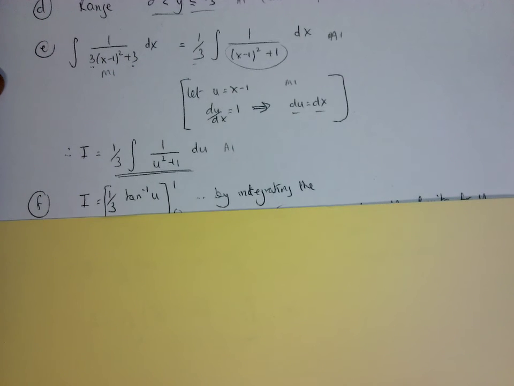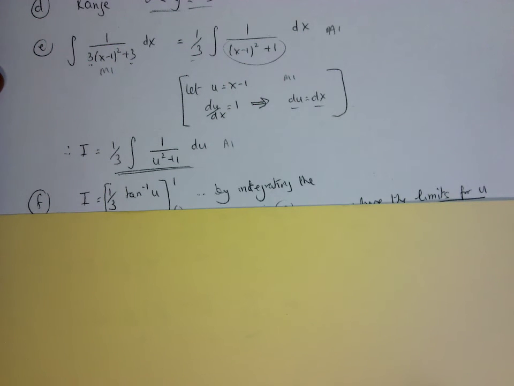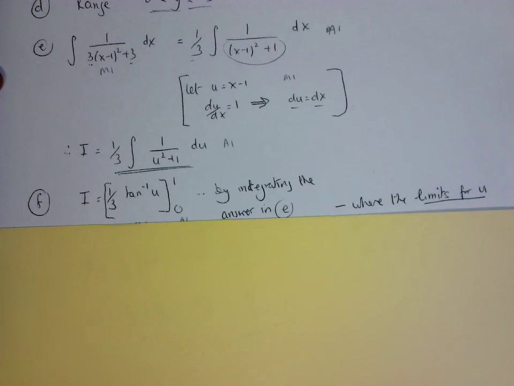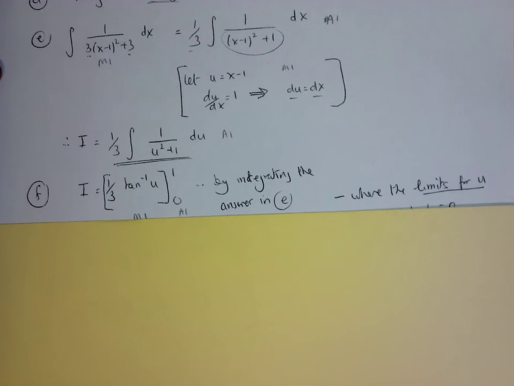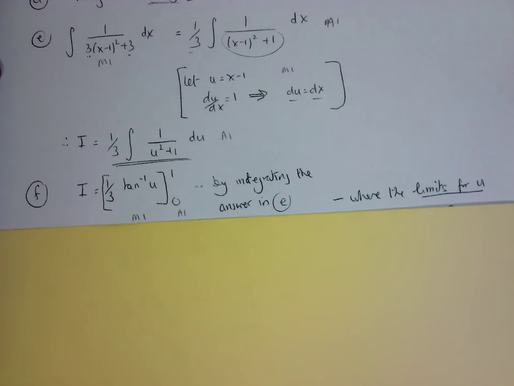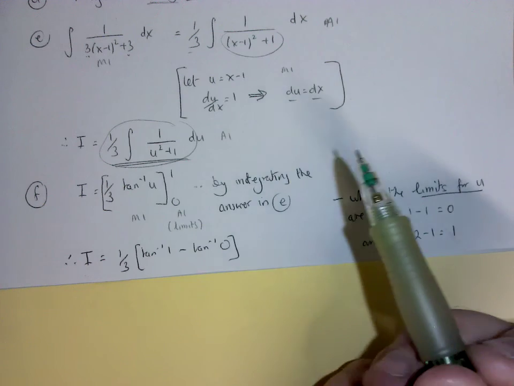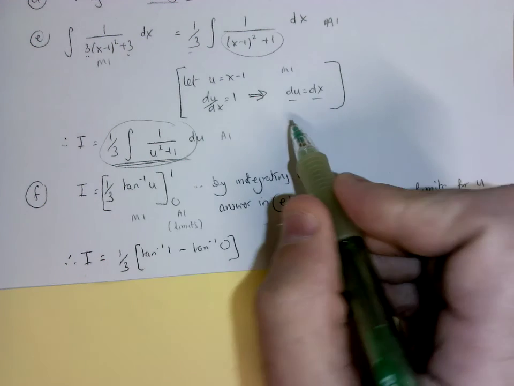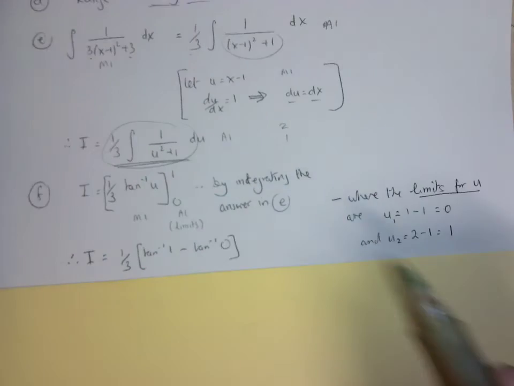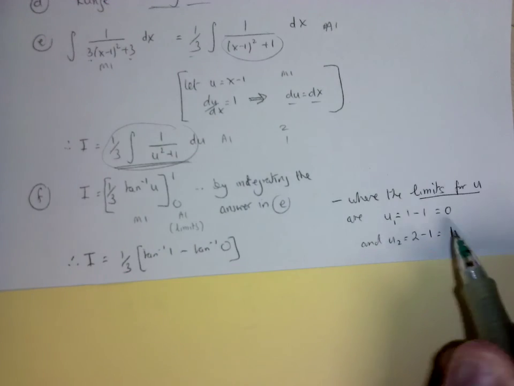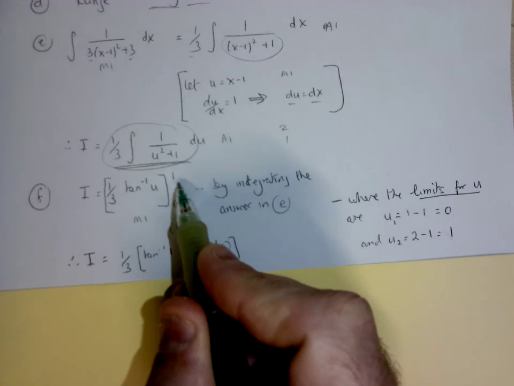And then part F, prove that the definite integral between 2 and 1 of that function is pi on 12. So I'm going to use this version. Instead of the limits of 2 and 1, I've got to change them into limits of u.